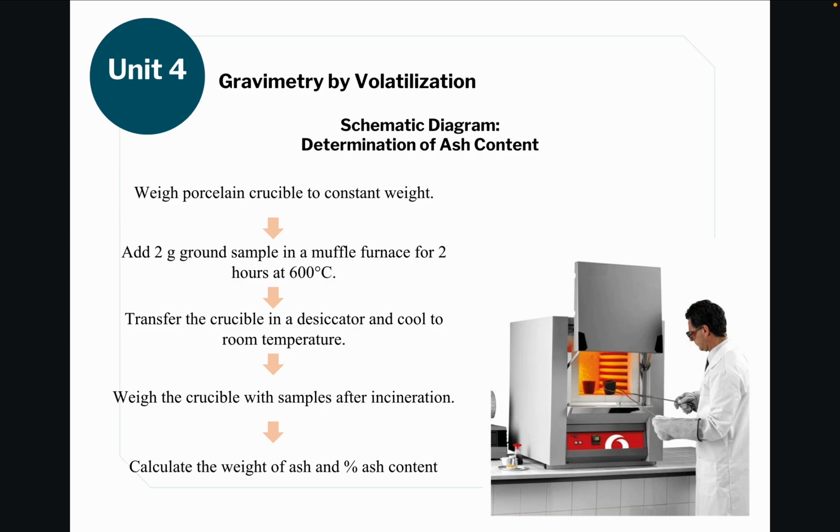The principle here in this method is to heat it. As you can see, we have used a muffle furnace and subjected it for 2 hours at 600 degrees Celsius. This has an effect on the sample wherein you subject it to heat or treat it with a chemical reagent to cause the volatile components to evaporate or decompose.